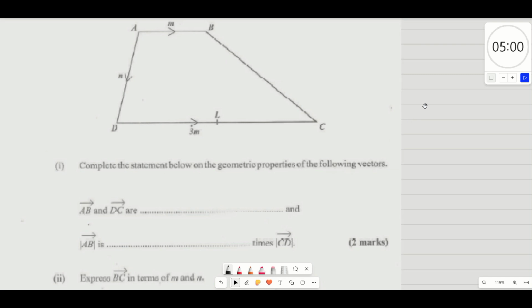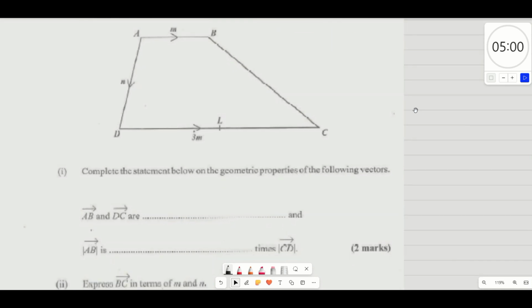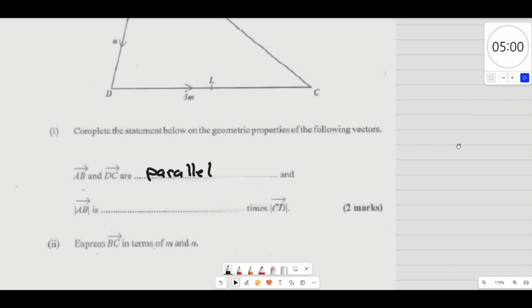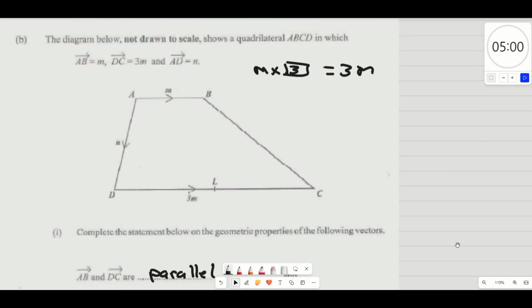AB and DC, as I just said, are parallel. And AB is something times CD. So AB is m, equal to, this is what they're asking you.